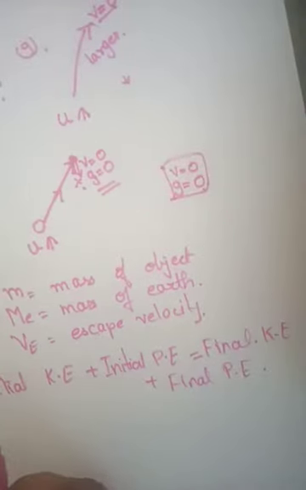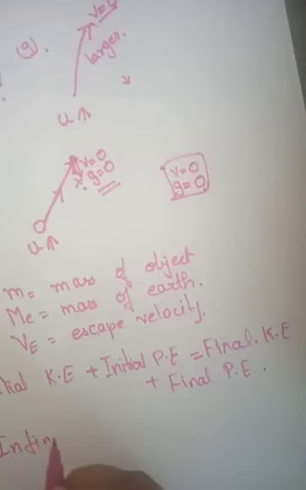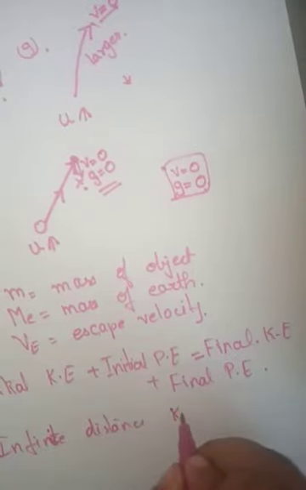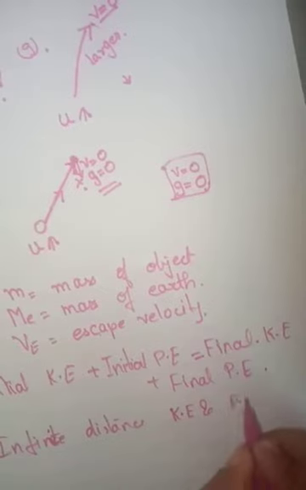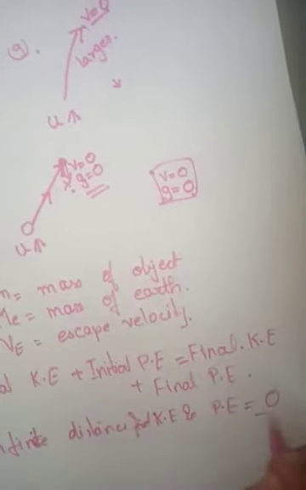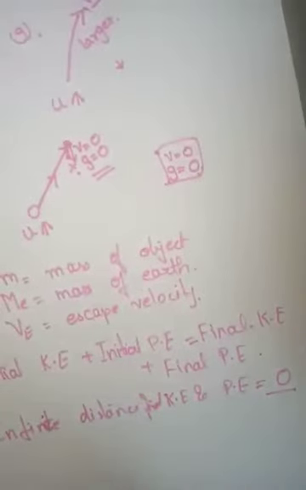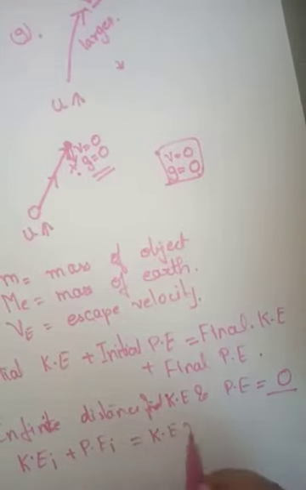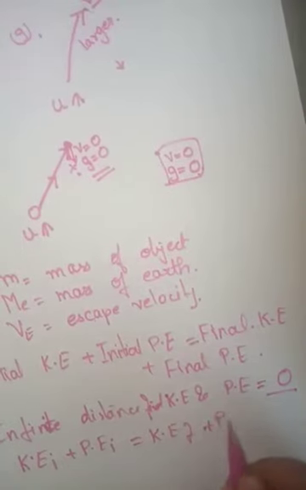So when we take a point at infinite distance, the final potential energy and kinetic energy become 0. According to the law of conservation, the initial kinetic energy plus the initial potential energy is equal to the final kinetic energy plus the final potential energy.